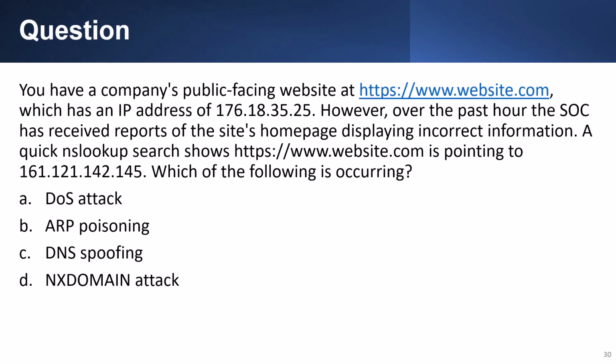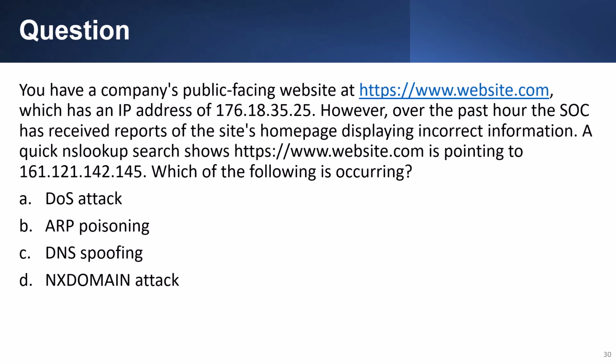Question: You have a company's public-facing website at https://www.website.com, which has an IP address of 176.18.35.25. However, over the past hour, the SOC has received reports of the site's homepage displaying incorrect information.